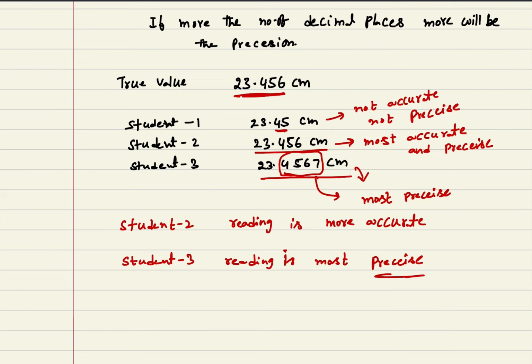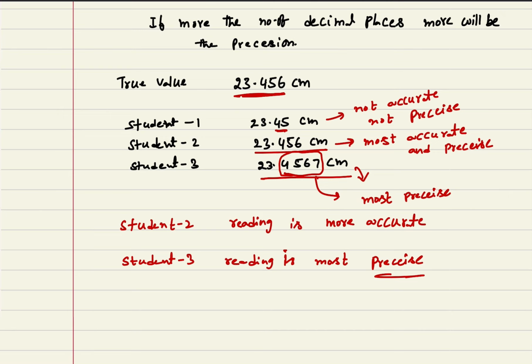Observe this carefully. If the measured value is close to the true value, we can say that reading is most accurate. If a measured reading has more decimal places, it means we can measure with the instrument up to 4 decimal places, as student number 3 did.